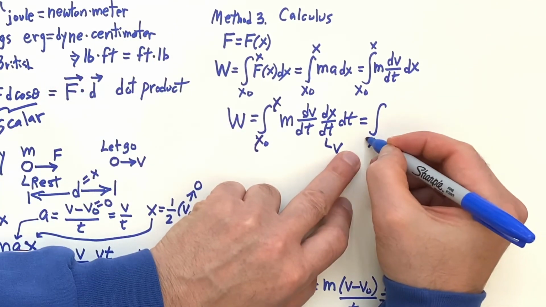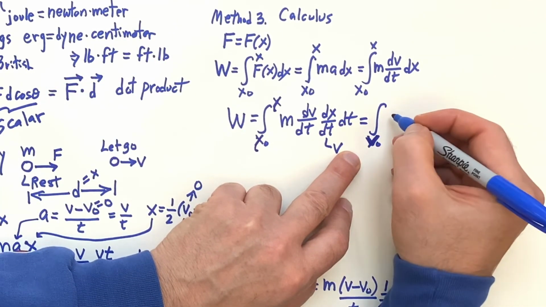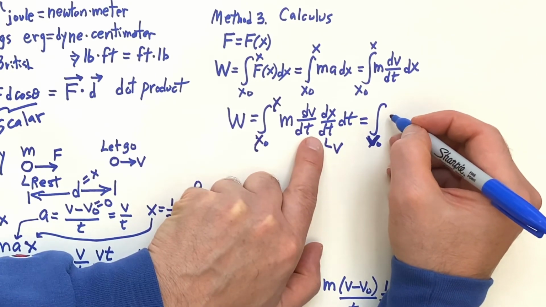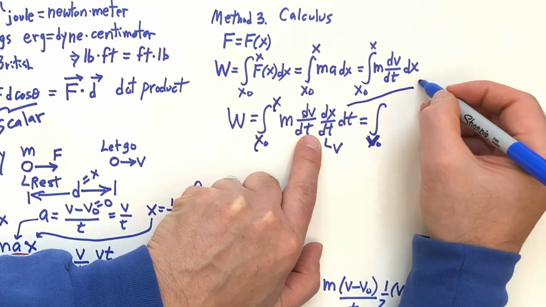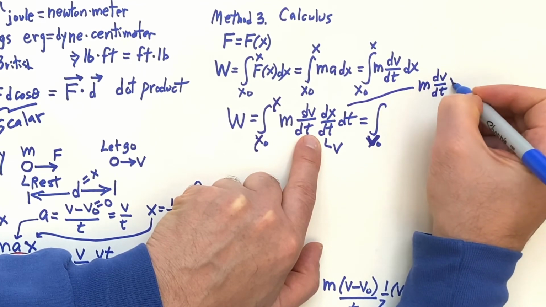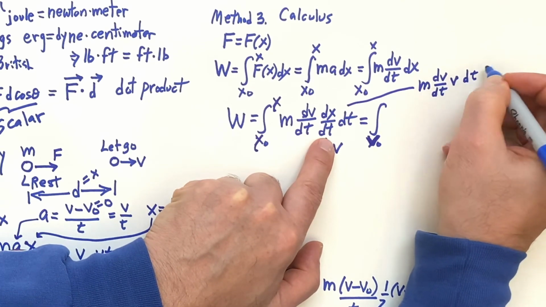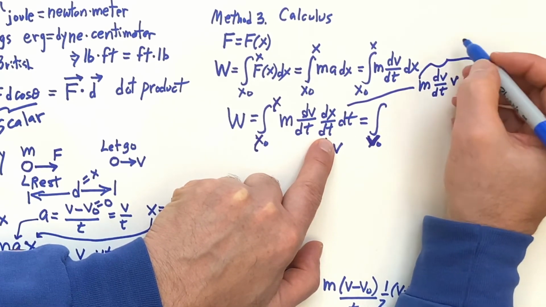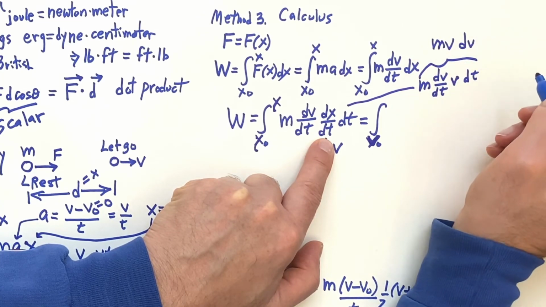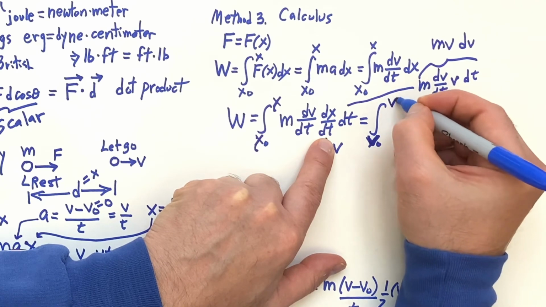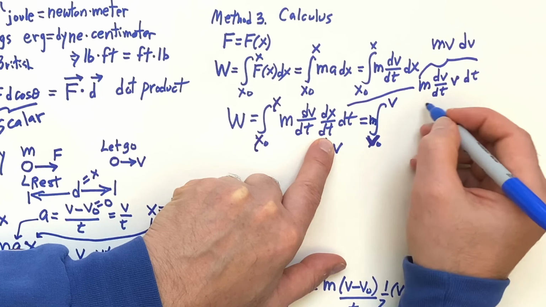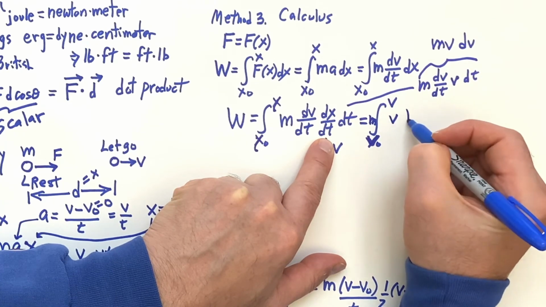And I'm going to now go to a velocity integration variable. We're going to do it in a couple steps if you want. Here, this is a dv dt times v dt. And then I'm going to do this as mv dv. All right. So then we go here. This is going to be an m, a v, and a dv.